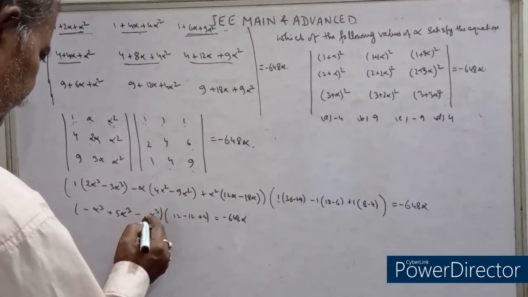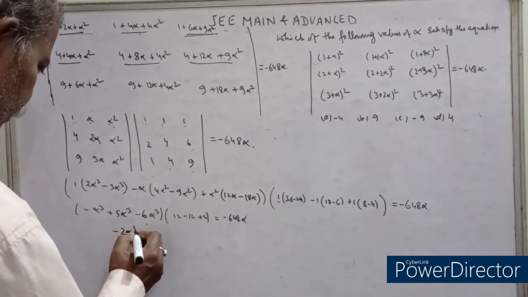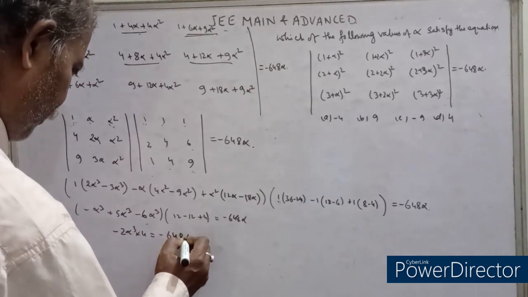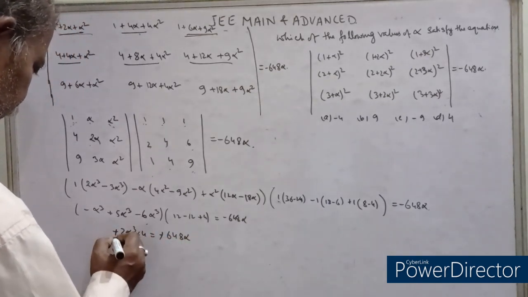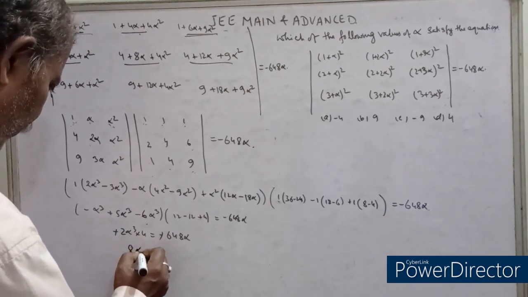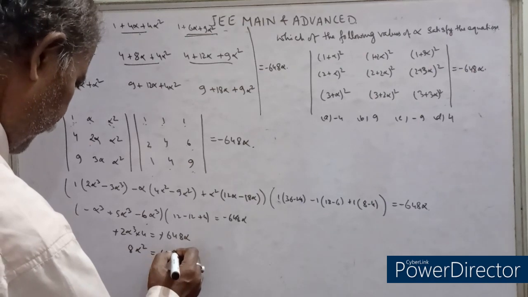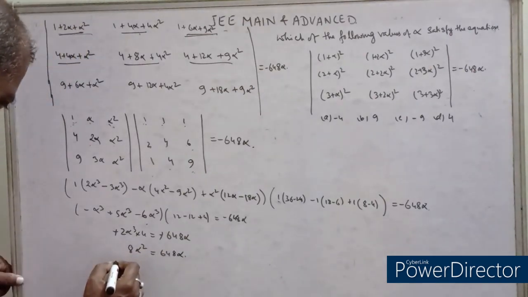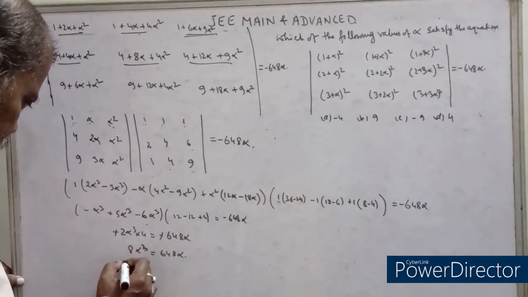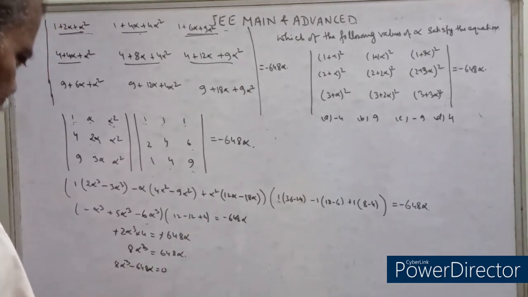So this is minus 2 alpha cube into 4 is equal to minus 648 alpha. So minus minus cancels out. So your 8 alpha cube is equal to 648 alpha. So 8 alpha cube minus 648 alpha is equal to 0.